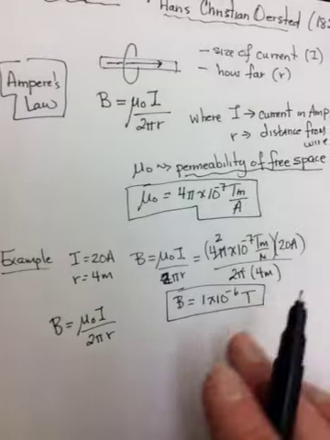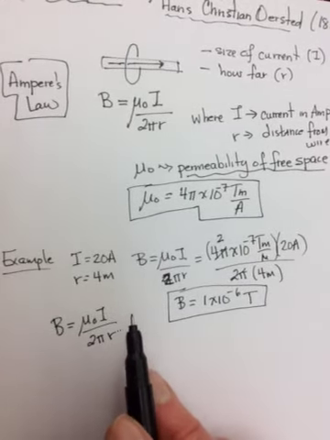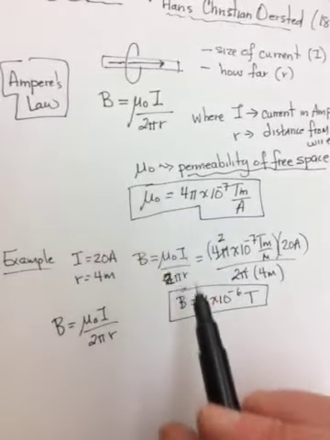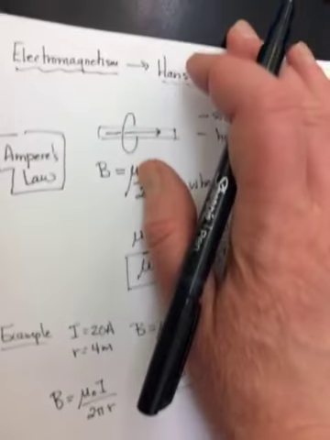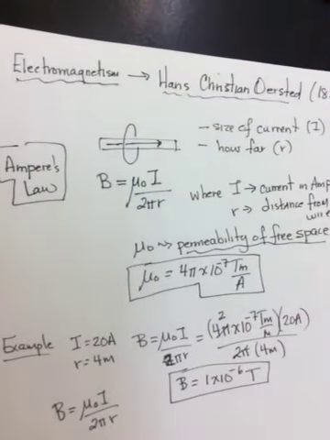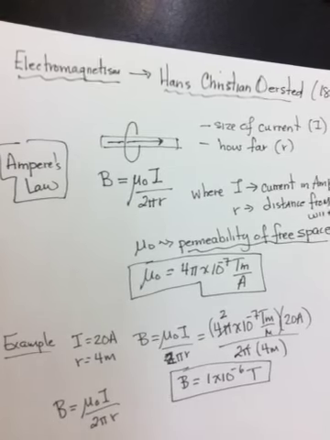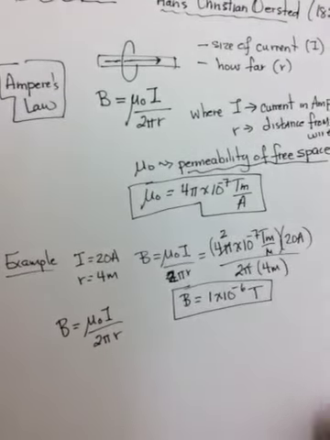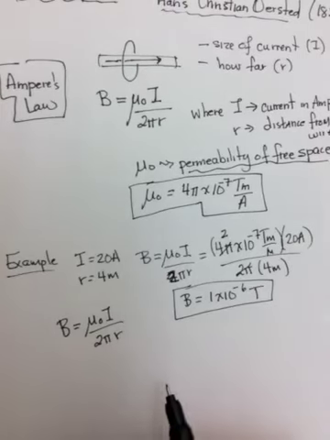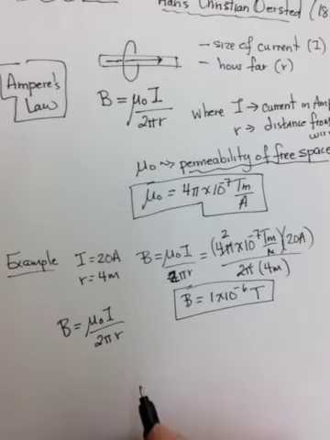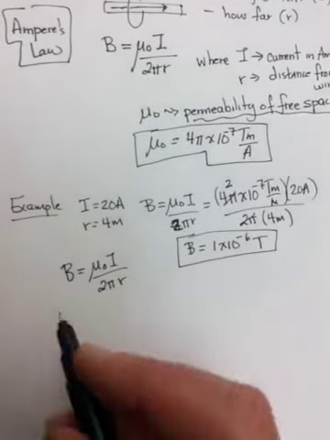The one other part, though, is that magnetic field is a vector, so we need a hand rule, and we talked about it today. So it's called the right hand or left hand thumb rule. Right hand if it's a conventional current, positive flow. Left hand if it's electron current.